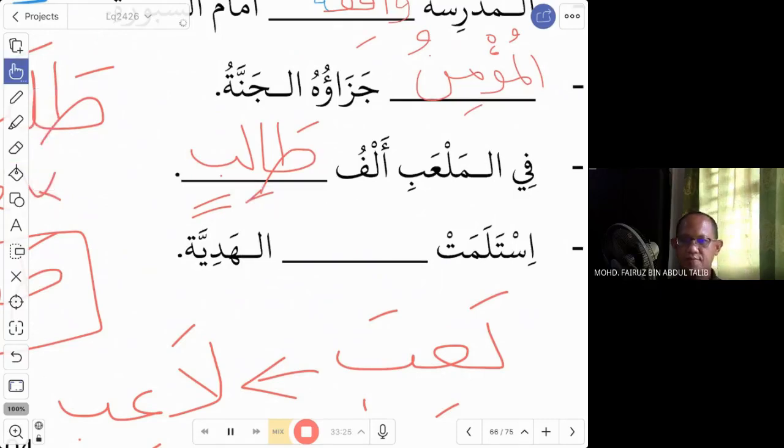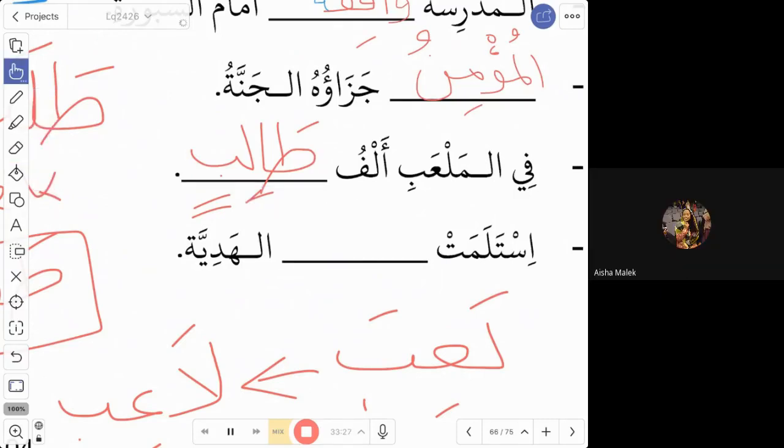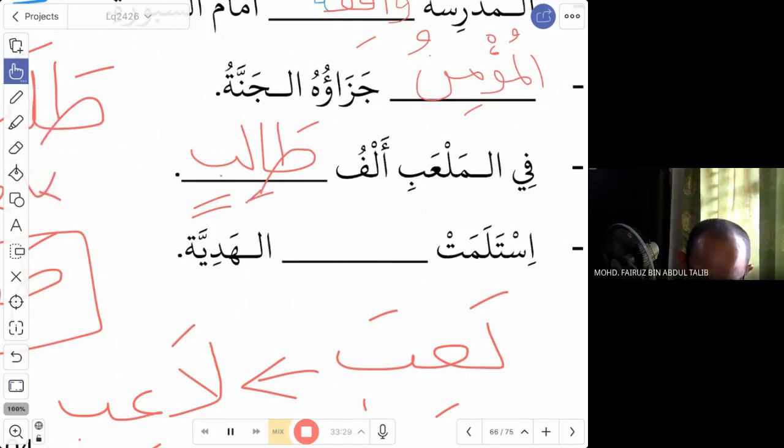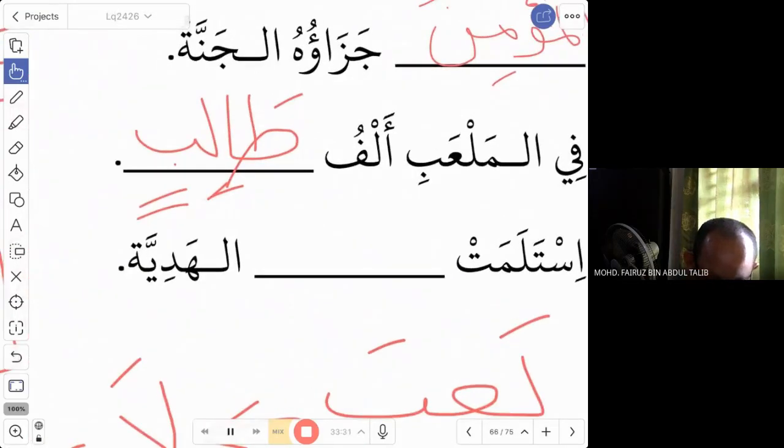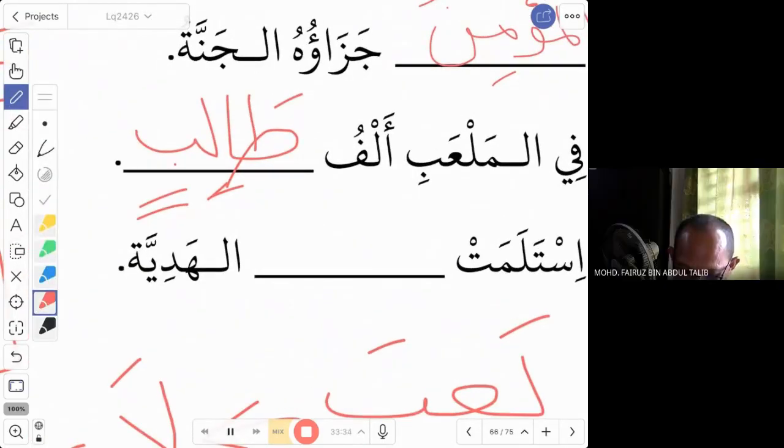Find any word, a person, but muntasirun. Okay, what is muntasirun? The winner. Okay. So you want to say the winner received the hadiah. What do you mean by the winner, muntasirun, here? Do you want to say the one who won the tournament, for example?